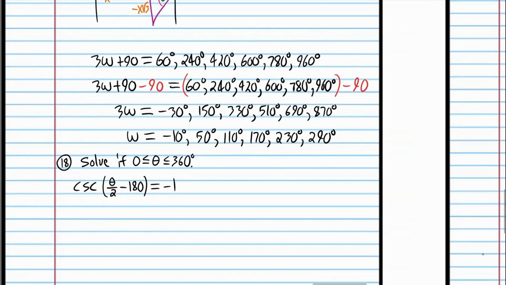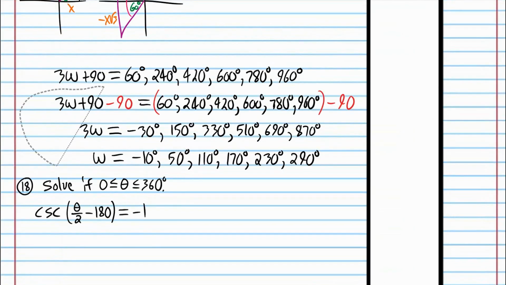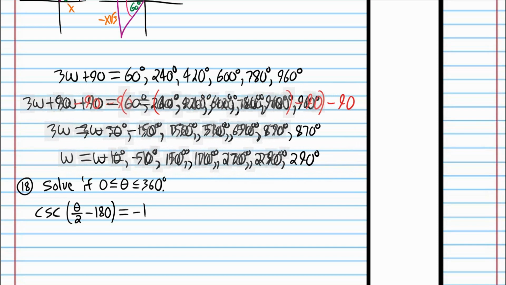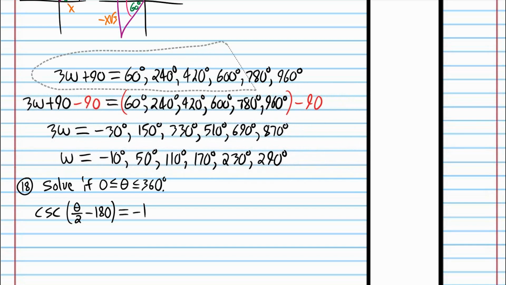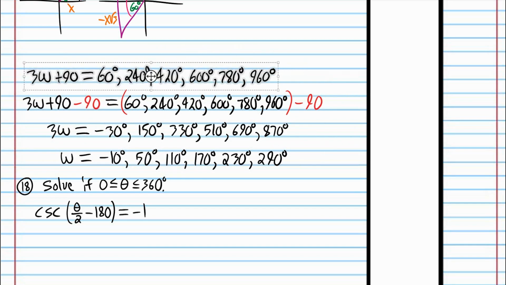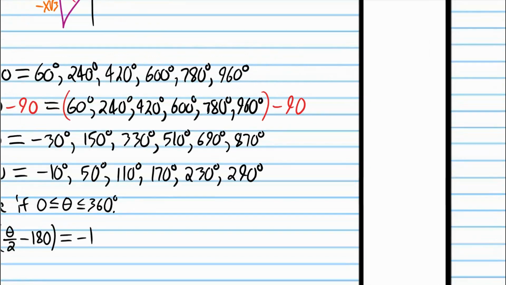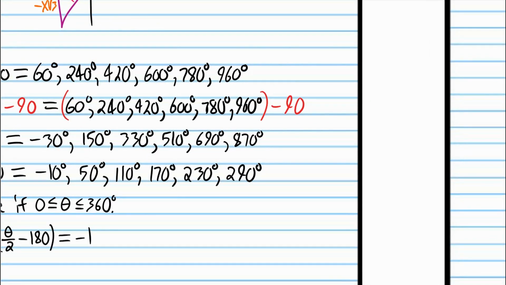So it looks like we might actually have more solutions. Looks like one more solution. So you can verify all this for yourself. So let's find another coterminal angle. We're going to add 360 to 780.